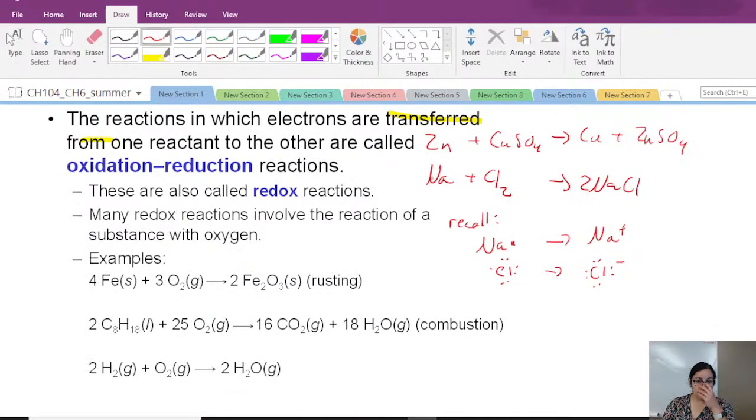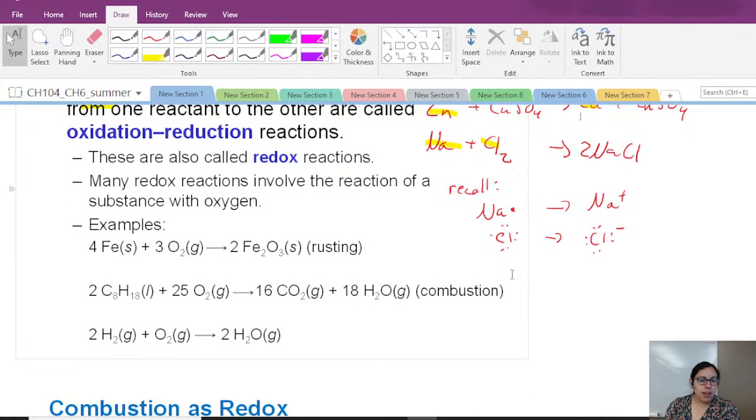All right, so let's look at other examples. I'll go through how to formally identify them as redox. But your big clues are things in their elemental form, or things coming out of a compound into their elemental form. Many redox reactions involve the reaction of substances with oxygen, so your combustion reaction is also going to be a redox reaction.